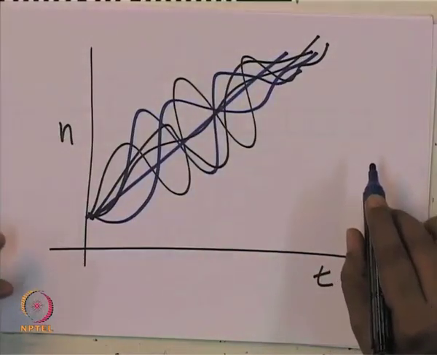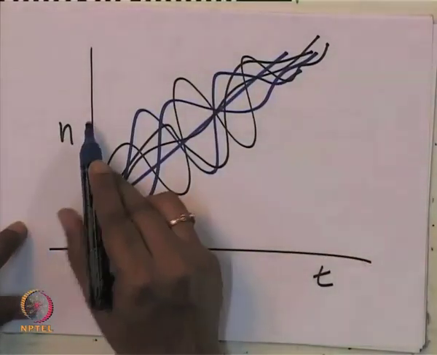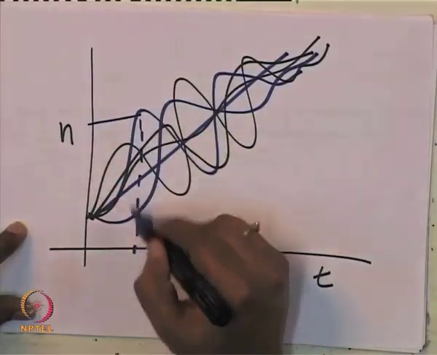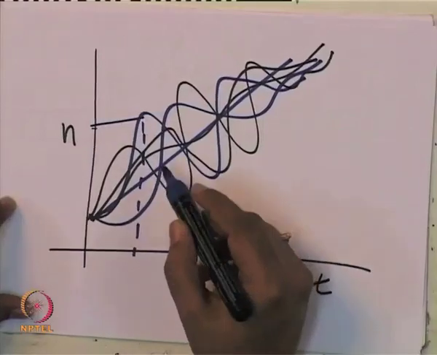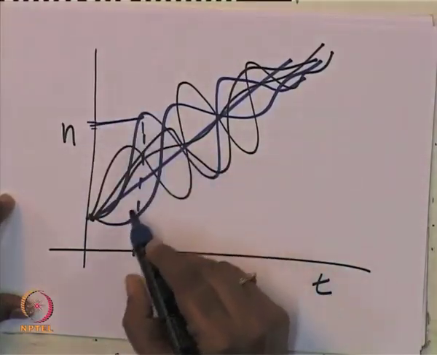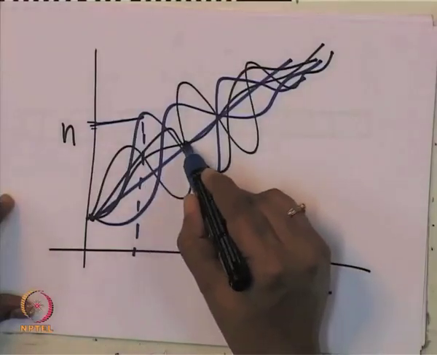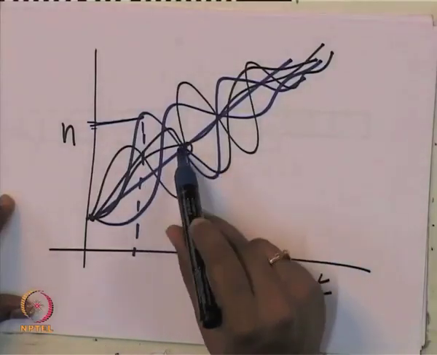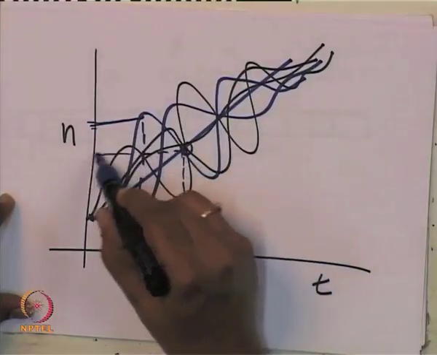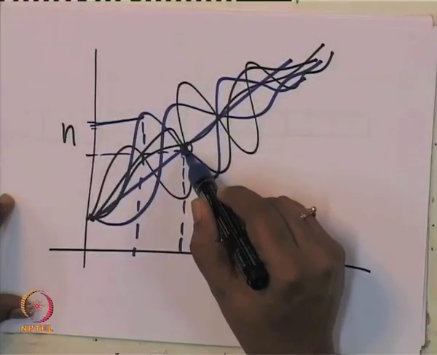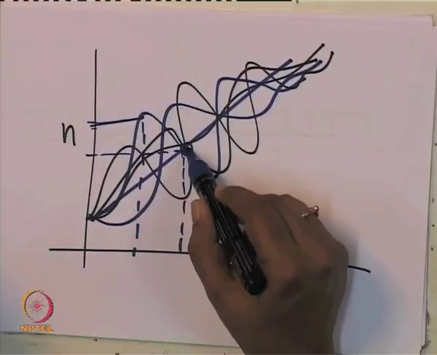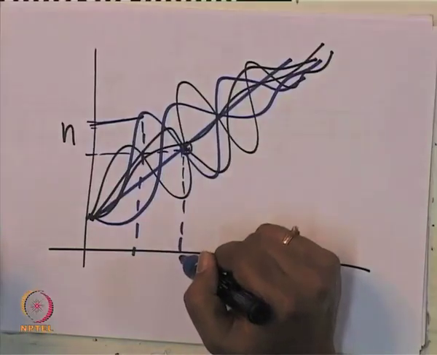So, what does that mean? That means at any particular n and at a particular time, the probability differs. Here only one configuration has this particular n at this particular time. On the other hand, here there are many configurations at this particular time and this particular length. So, we can ask how many times it gets this particular length at this particular time.